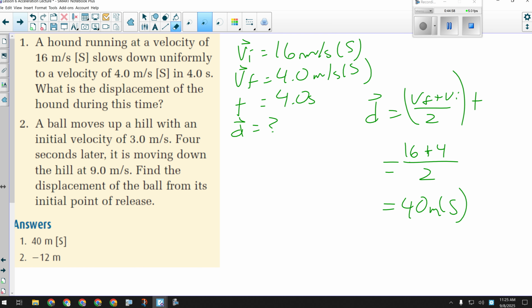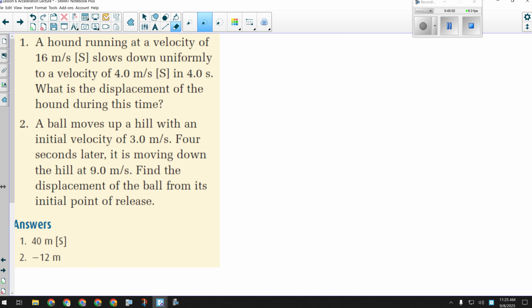Okay. So in number 2, we've got a ball that moves up a hill with an initial velocity of 3 meters per second. I'm just going to do this as up, down. So VI is going to be 3 meters per second uphill. VF is going to be 9 meters per second down the hill.